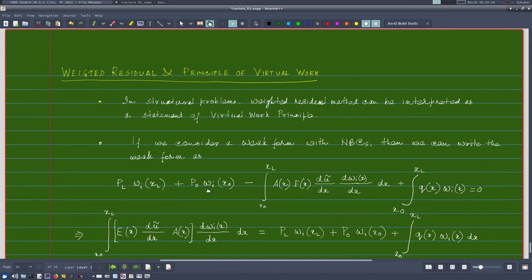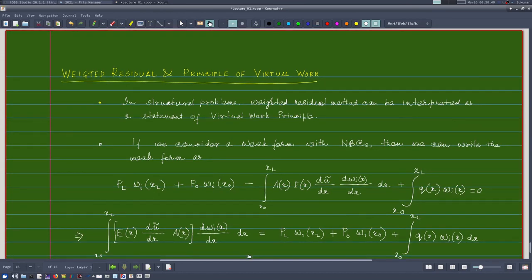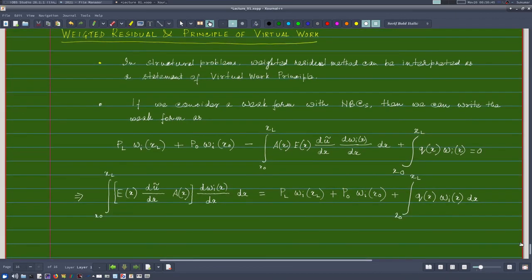All right, now let us interpret. Let us assume that these w i of x are my virtual displacements given to the structure, to the domain. In that case, what can I write?